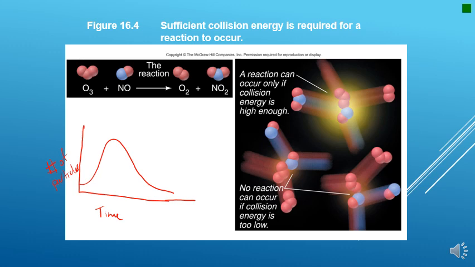Now, we're going to draw a line, really bad line, going down, and this line represents the activation energy. So that should be temperature down here.